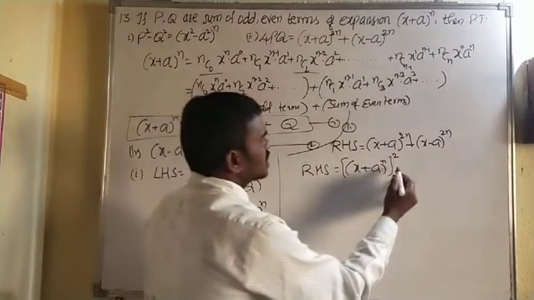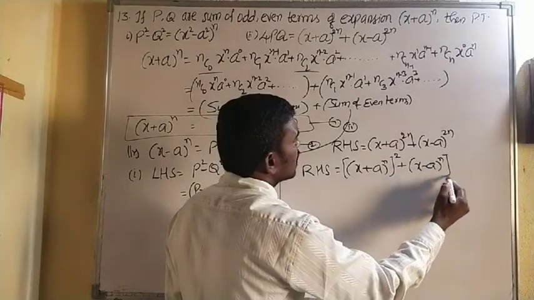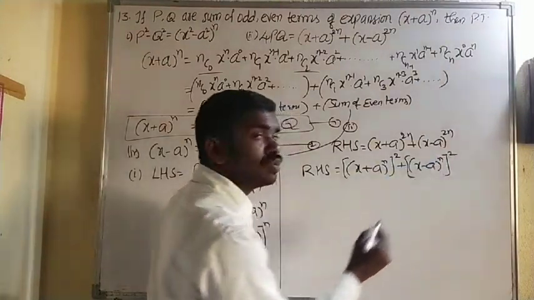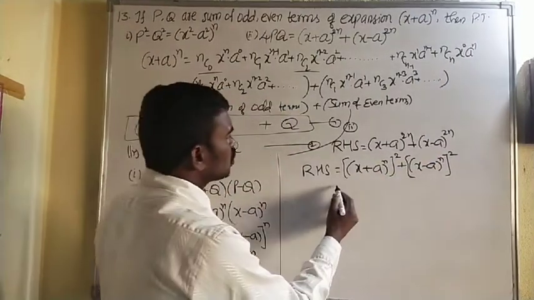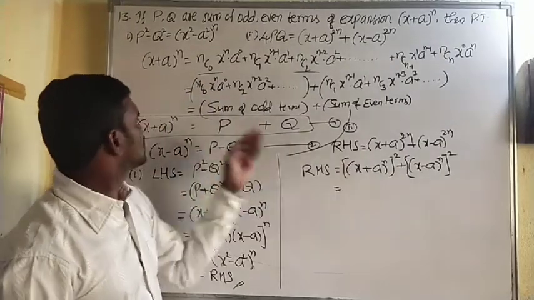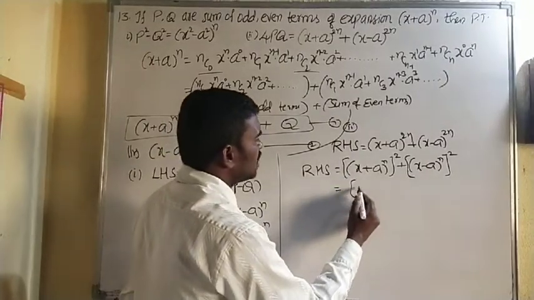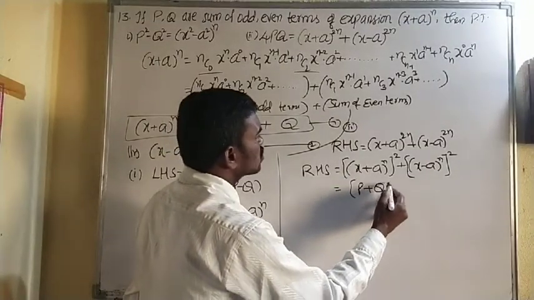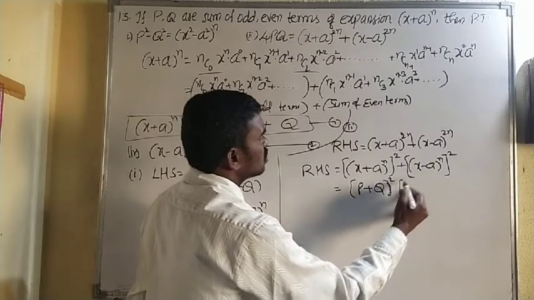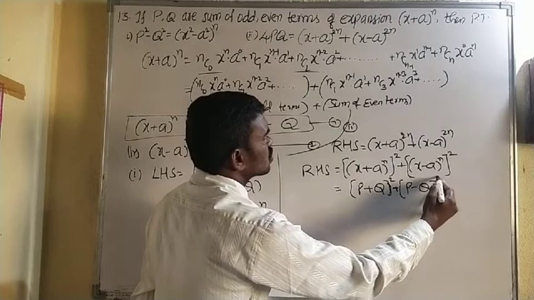Yes. Next, similarly, (x minus a) whole power 2n I am also writing as (x minus a) whole power n whole power 2. So now in both, what is (x plus a) whole power n? (x plus a) whole power n means P plus Q. So instead of this one we can write P plus Q, and it has square as it is. Next to plus, similarly (x minus a) means P minus Q and square.